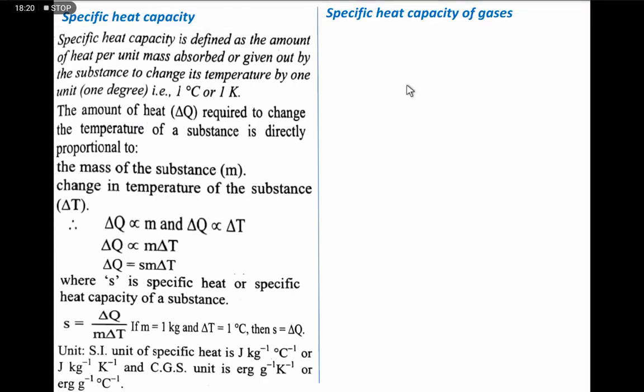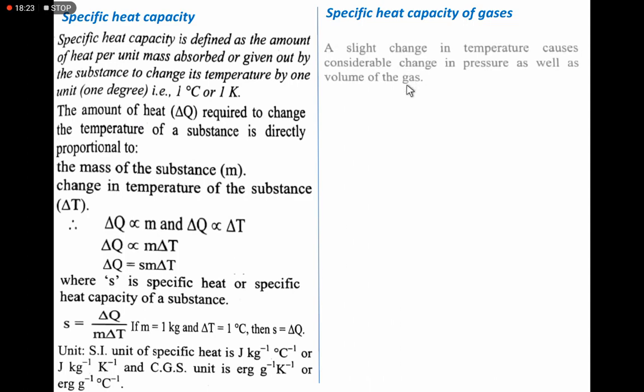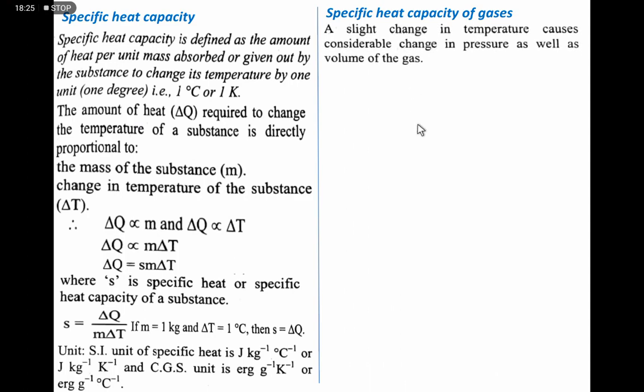Now in terms of the specific heat capacity of the gases, we know that a little change in temperature causes a considerable change in pressure as well as the volume of the gas. Means whenever there is a small change in temperature, there is a change in pressure as well as volume of the gas.